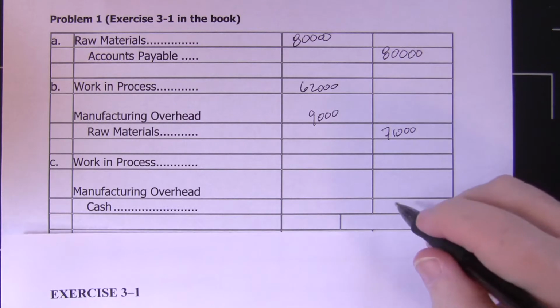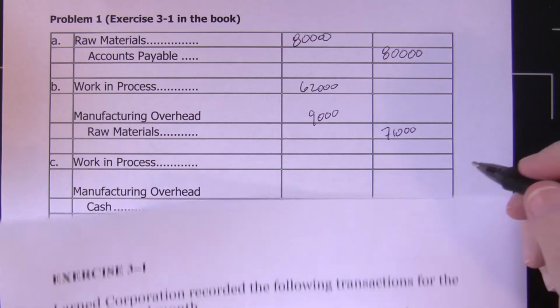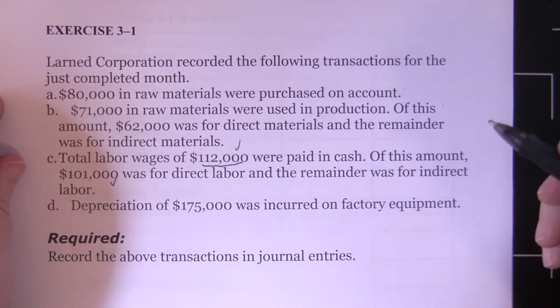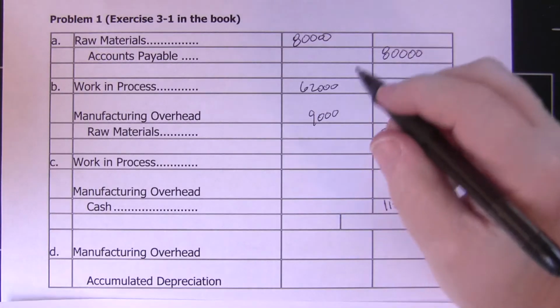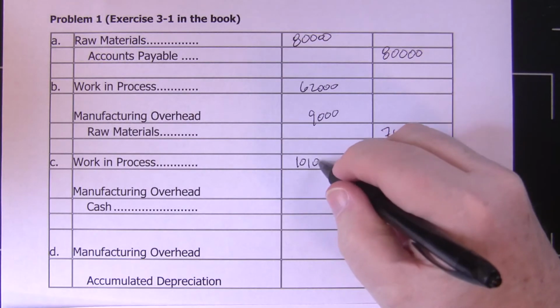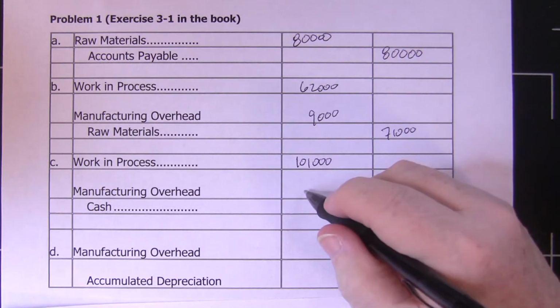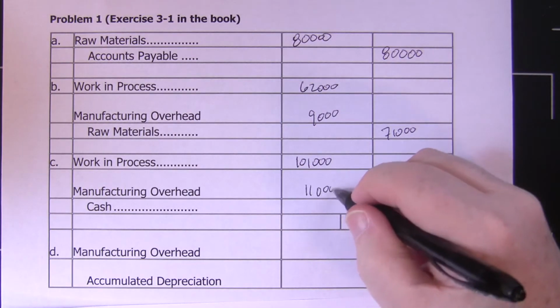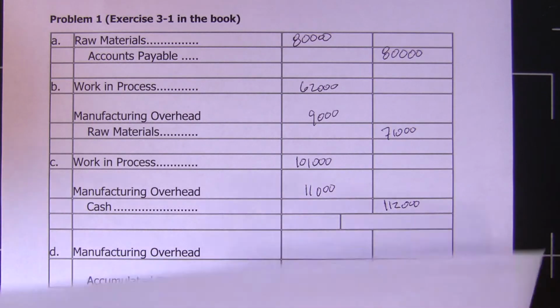The total cash out is $112,000. The direct labor was $101,000. So that goes to work in process, $101,000. And the difference, the $11,000, is overhead, and that will be applied as we go along.